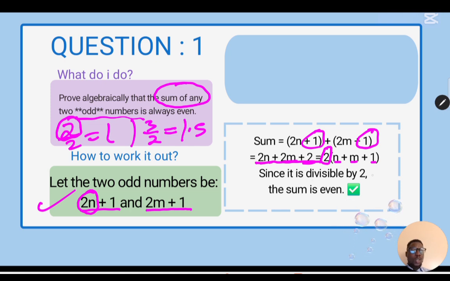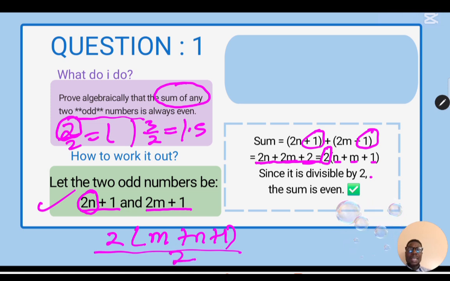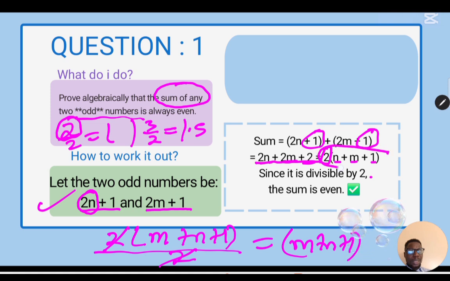Since it is divisible by 2, because when I have 2 into bracket m plus n plus 1, this number is divisible by 2. I can divide it by 2, which will still give me a whole of m plus n plus 1. That means the whole of this is an even number. Since it's divisible by 2, the sum is even. Therefore, the sum can be assumed to be even.